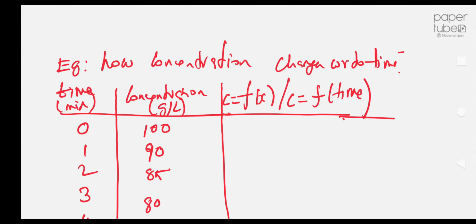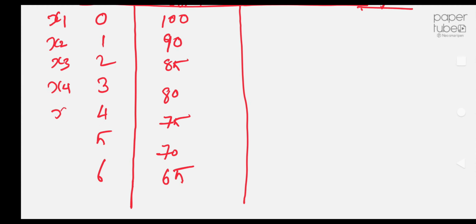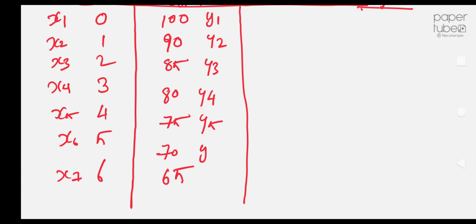For the sake of convenience, I'm going to label all the x's: x1, x2, x3, x4, x5, x6, and x7. Similarly, I'm going to label the concentration as y1, y2, y3, y4, y5, y6, y7.